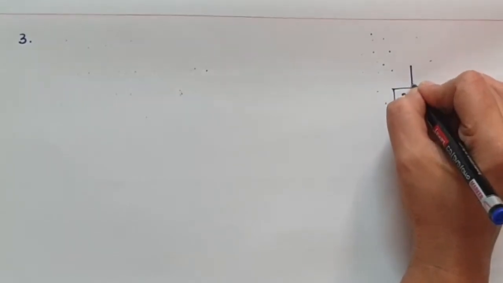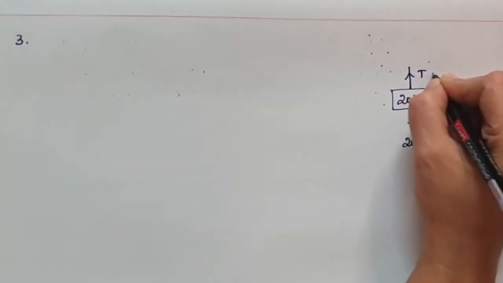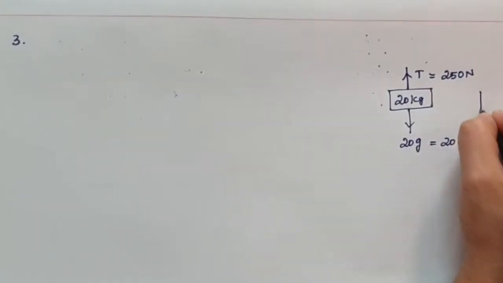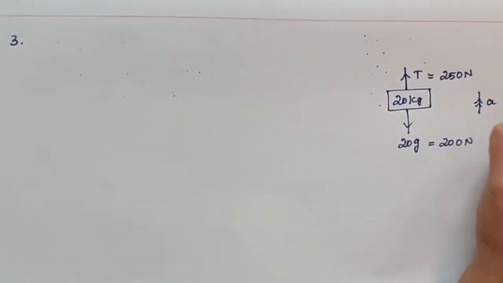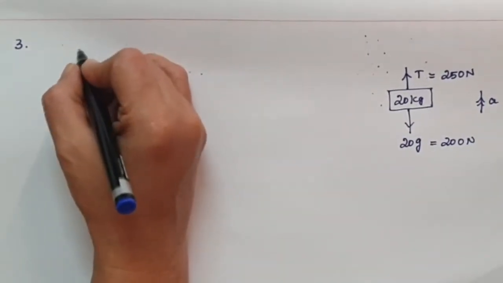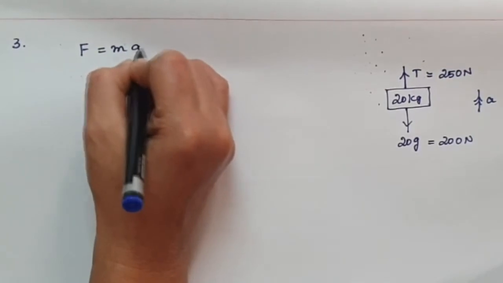And there is a tension in the string, T, and it is given in the question as 250 Newton. The block has a tendency to move upward, so acceleration is in the upward direction. Now by Newton's second law, we know F equal to ma.